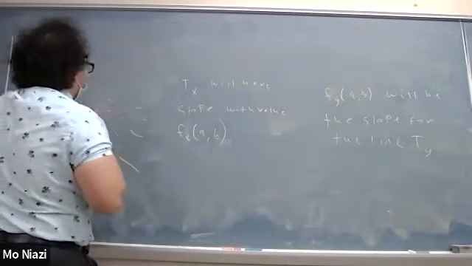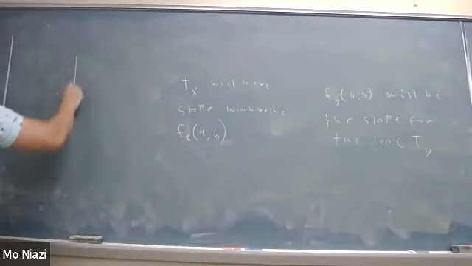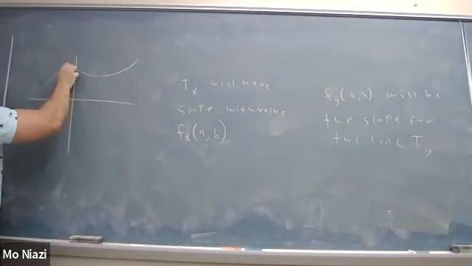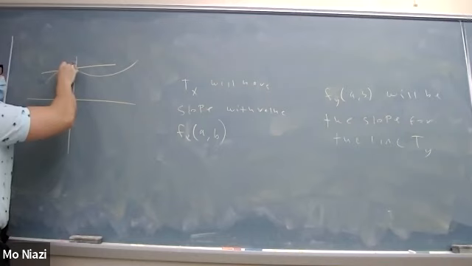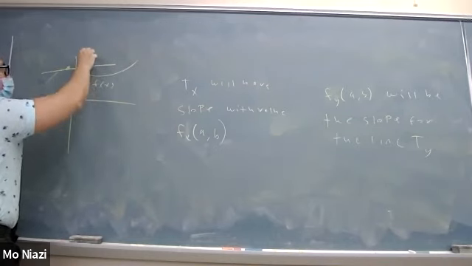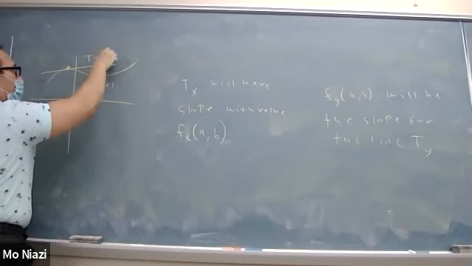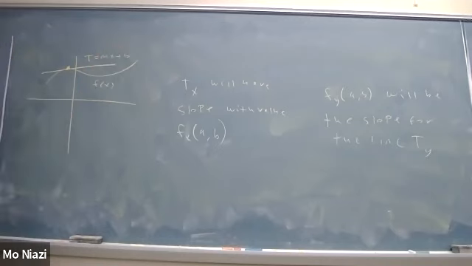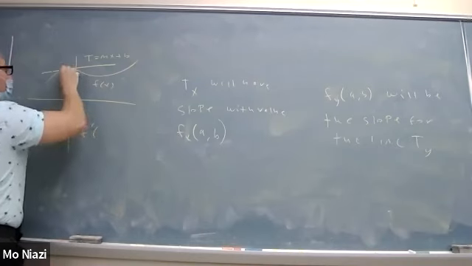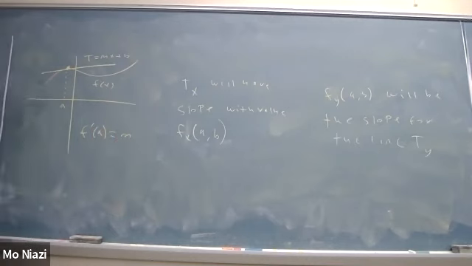I don't need to review the derivative idea, but I will real quick. Remember, you had some curve. Here's some point on your curve. Here's my f of x. Here's some tangent line, t. Any line is equal to mx plus b, right? Well, calculus shows you that, let's say this is some point A, f prime of A is equal to this m, the slope of that tangent line.